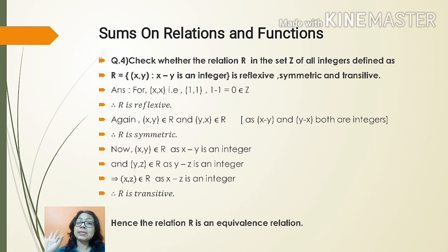So R is symmetric. Next, (x, y) belongs to R, where x minus y is an integer, and (y, z) belongs to R, where y minus z is an integer. From these two we can write (x, z) also belongs to R, as x minus z is an integer. So R is transitive, hence relation R is an equivalence relation.